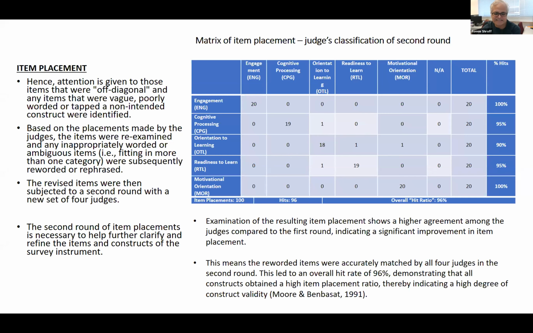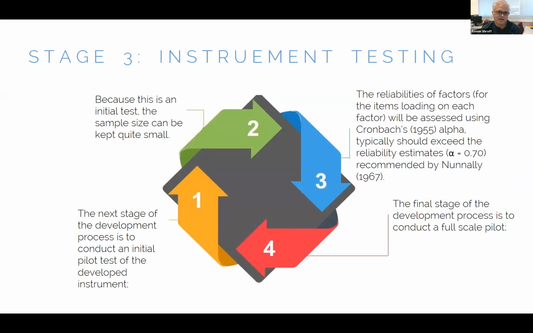What does this mean? It means that the constructs obtained a high placement ratio, thereby indicating a high degree of construct validity. Okay, so the instrument testing, the last stage, I'm not going to really get into because, as I mentioned to you, we're still in the process of collecting data. I'm also doing small scale studies.